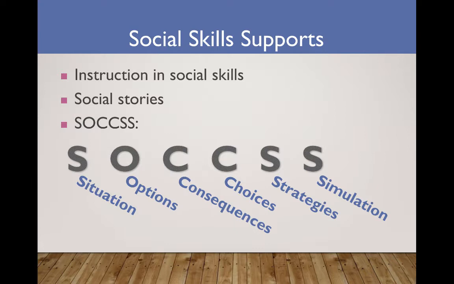So in the area of social skills support, we need to figure out the situation, give the child and the team the options, teach consequences, provide choices, strategies, and pay attention to simulations. Simulations, role-playing, not stimulation, but we need to be concerned with stimulation too, in terms of too much or too little.